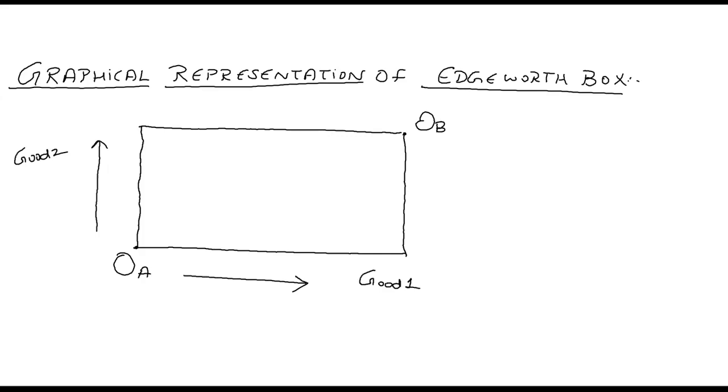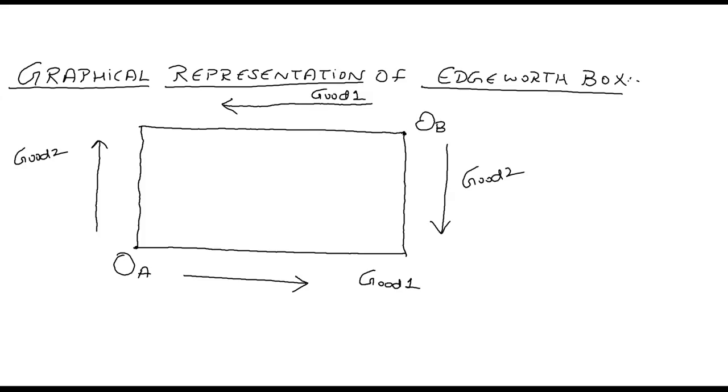But when I talk about agent B, agent B's origin is this. So you need to turn your registers to agent B's origin. From agent B's origin, this is good 1 available in the economy. From agent B's origin, it is measured towards the left, and from agent B's origin, good 2 is measured downwards. So it's very simple.